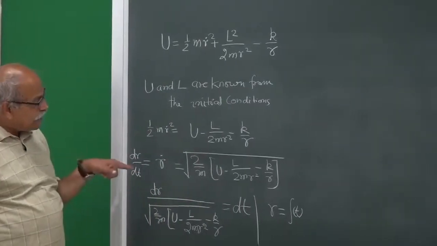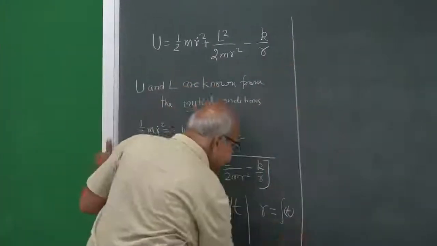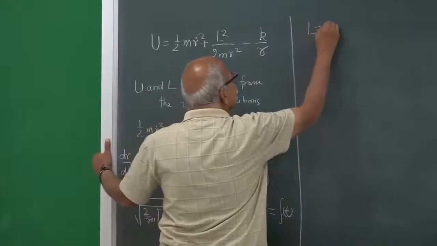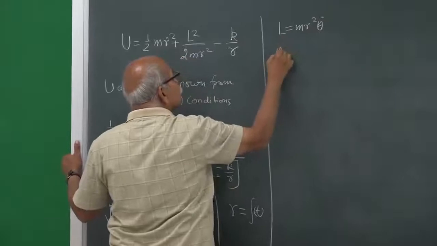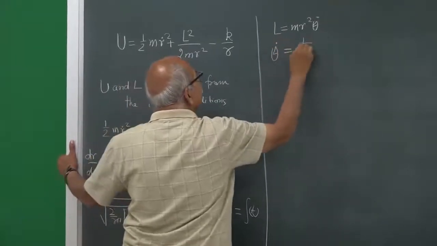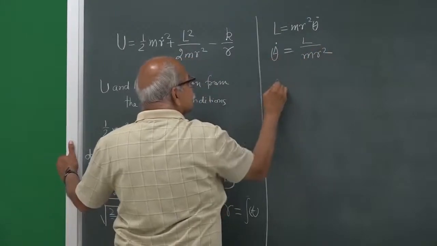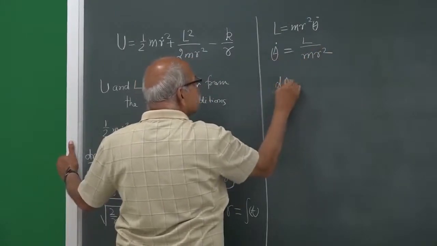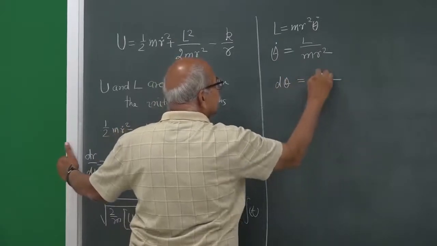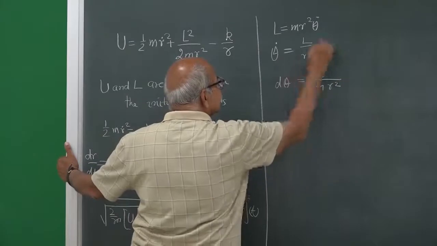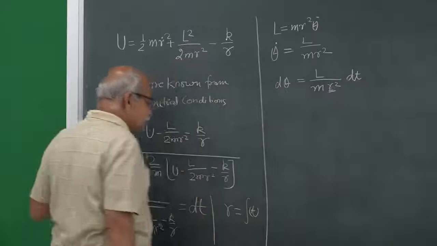And once you get r as a function of time, you can use this expression that L is equal to m r square theta dot. So, theta dot is equal to L by m r square, and this is d theta dt. So, d theta is equal to L by m r square and then dt, and r you know as a function of time.